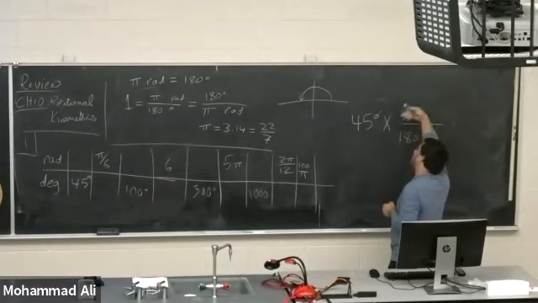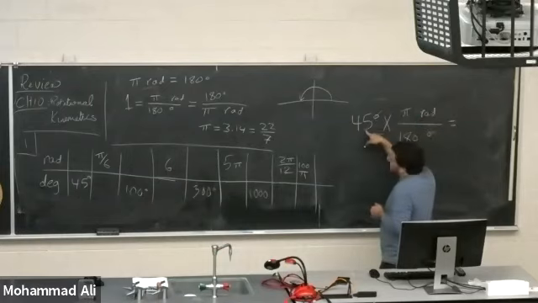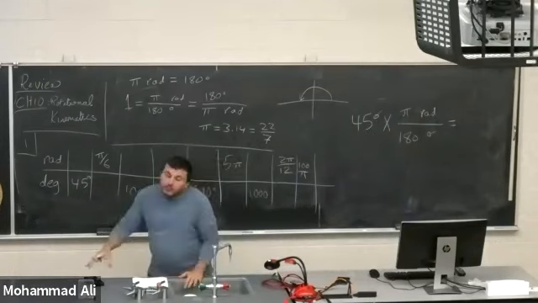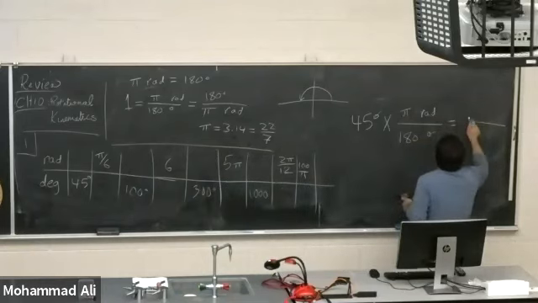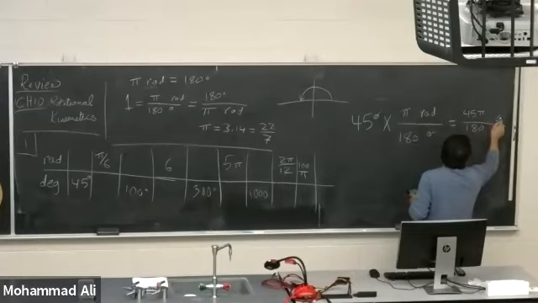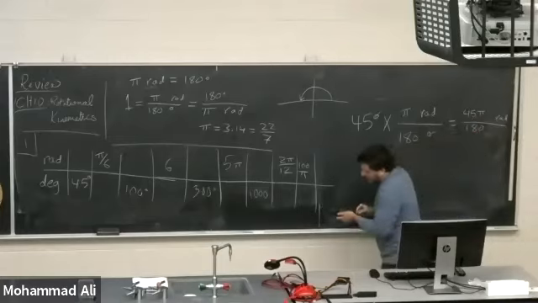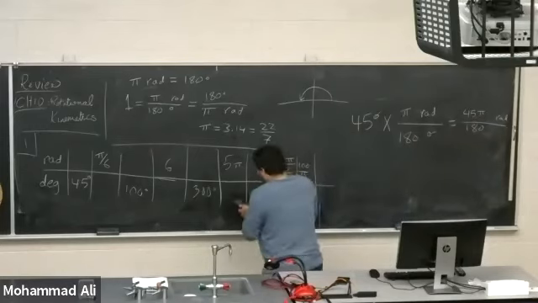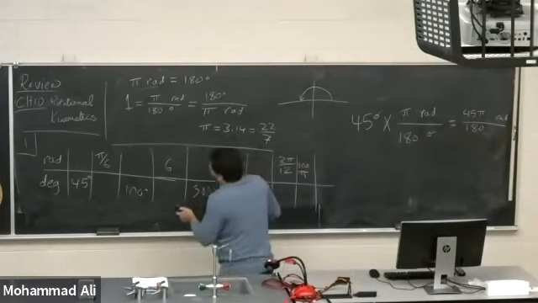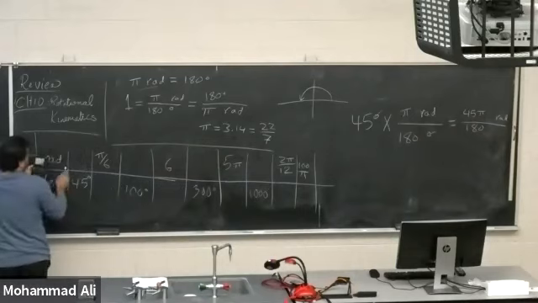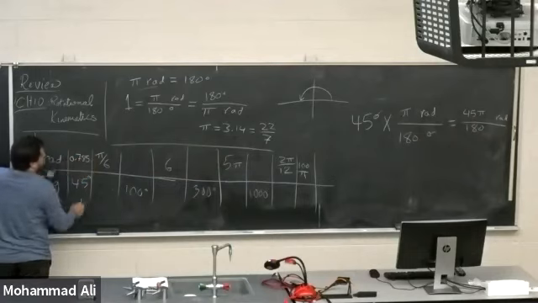So it will be 45 pi over 180 radians. It is 0.7854 and something.